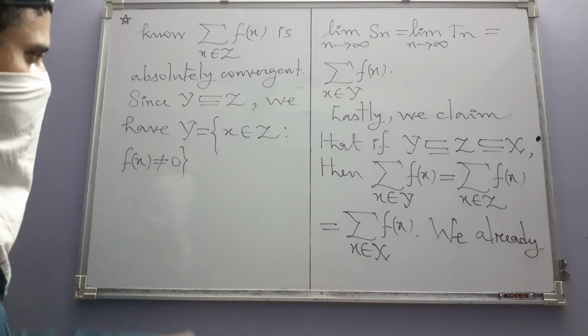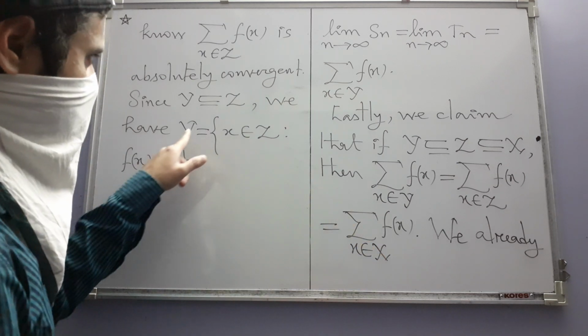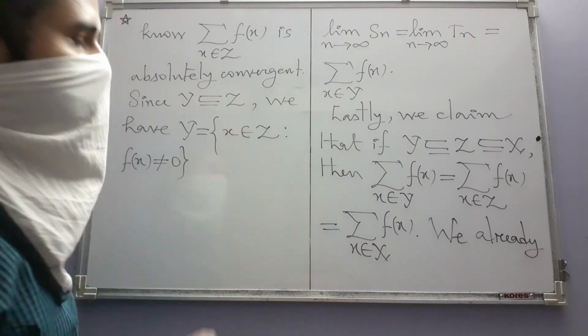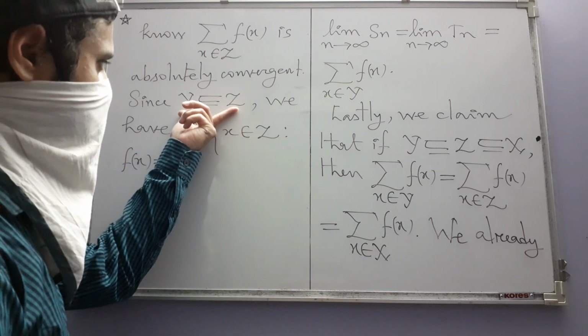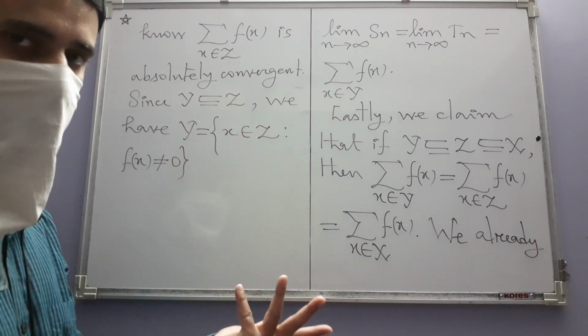That is because the elements in x which give us non-zero f values all already belong to z due to this inclusion. So y in fact is also equal to this.